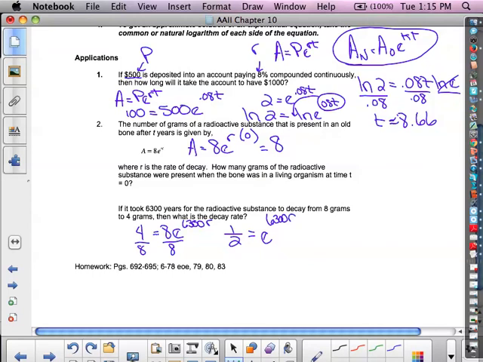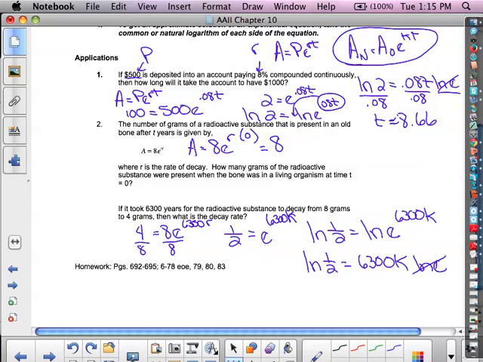Now take the natural log of both sides. So the natural log of 1/2 is equal to the natural log of e to the 6,300 r, but I'm actually going to write that as k. You'll see them interchangeable, the rate as r or as k. Use the power rule, so the natural log of 1/2 is equal to 6,300k times the natural log of e, and again, the natural log of e is 1. Now I can divide both sides by 6,300.